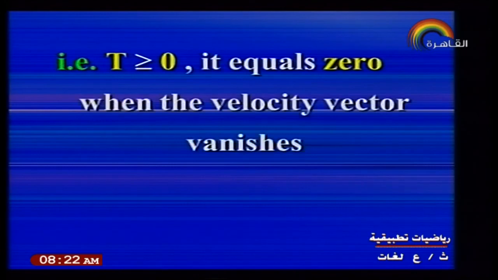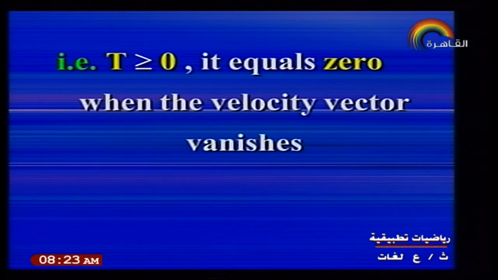Then T, or kinetic energy, must be more than or equal 0. Equal 0 when the velocity vector vanishes. When v equals 0, then kinetic energy equals 0. Dear student, kinetic energy may be equal 0 or more than 0, or positive.